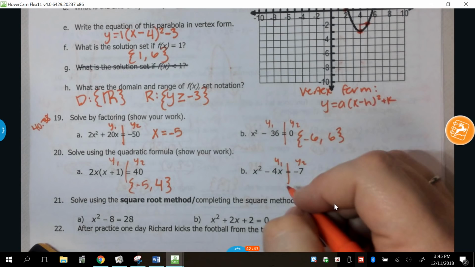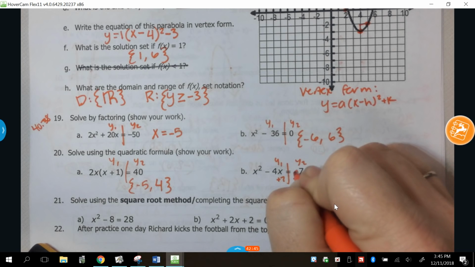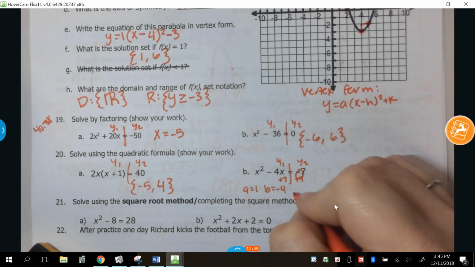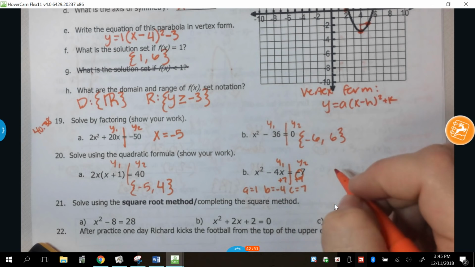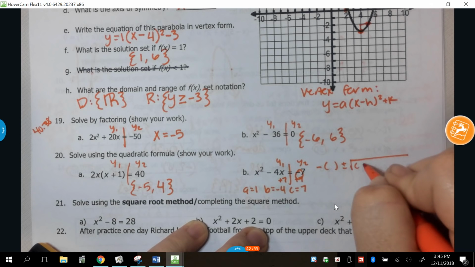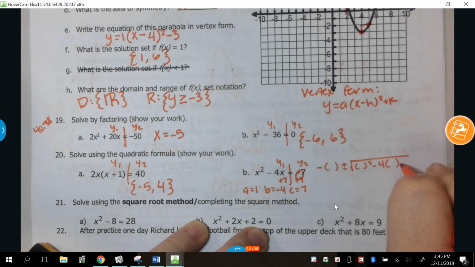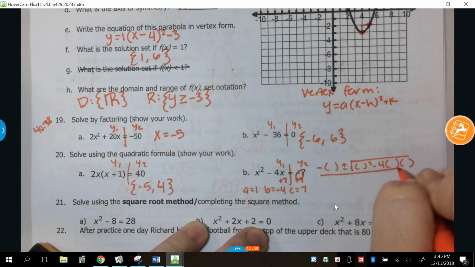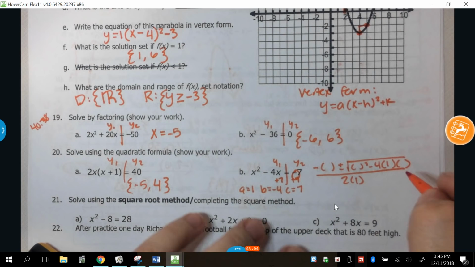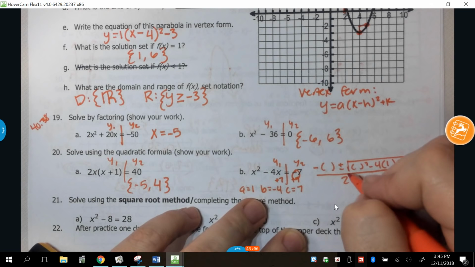So let's add 7, add 7. We get a equals 1, b equals -4, c equals 7. So we have negative b plus or minus square root of b squared minus 4 times a times c, all over 2a. So a is 1, c is 7, b is -4.